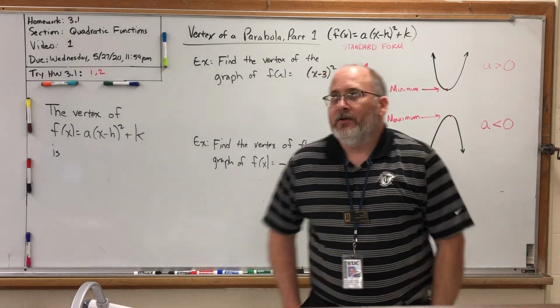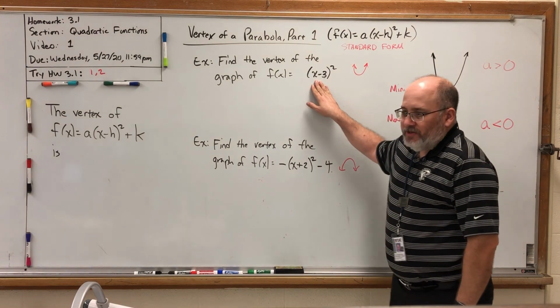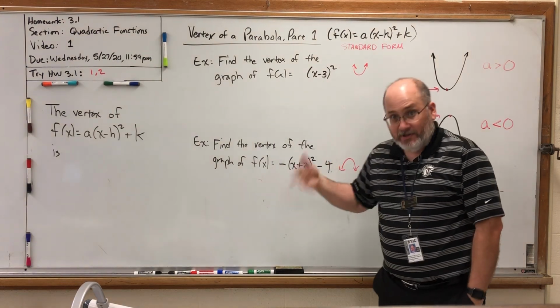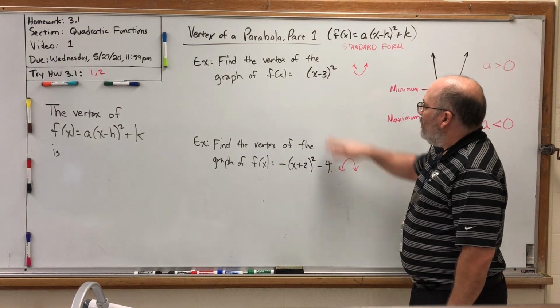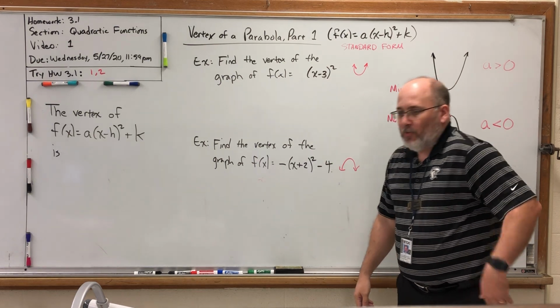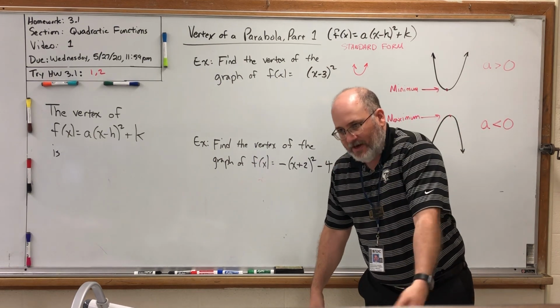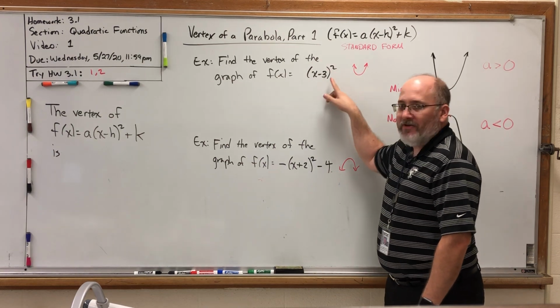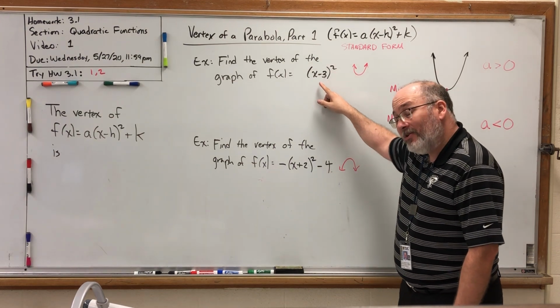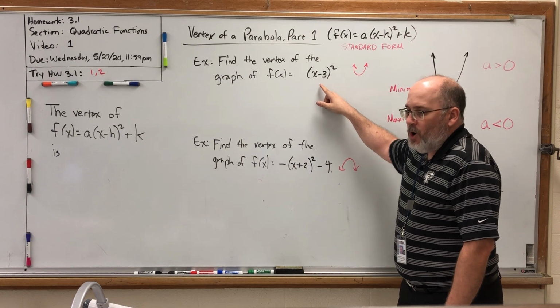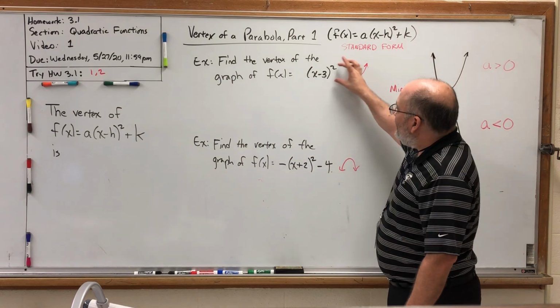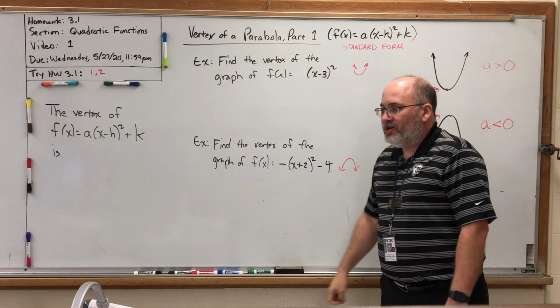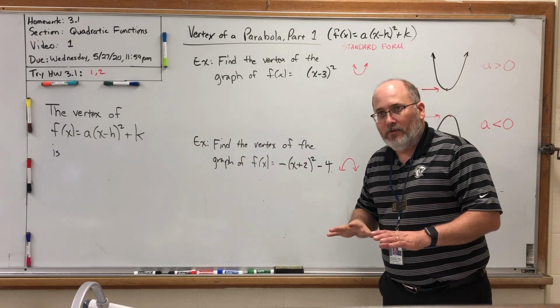Well, if x minus 3 is positive, then when I square it, it's positive. But if x minus 3 is negative, then when I square it, it also comes out positive. Is there any way that this result can come out negative without using imaginary numbers? No. But is there any way that this squared parentheses can come out to be 0?